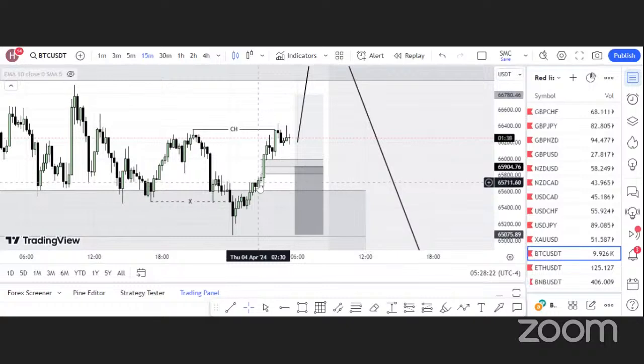Since the previous candle was also bullish, the market is going to open below from here. And then it ended its movement here, which is where the green candle ended.